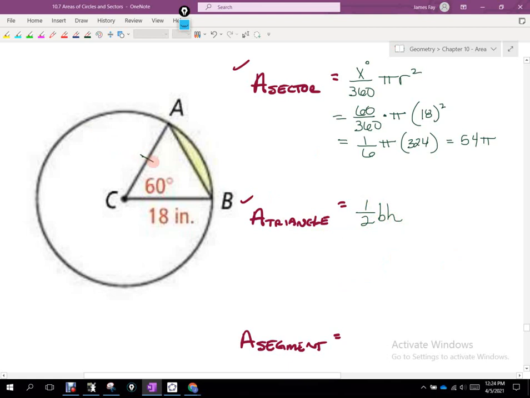Okay? That distance right there is the same as that distance right there, correct? It's the radius. So it's an isosceles triangle. I'm going to draw this down. That distance is going to be h. It's our altitude. Okay? But think about what we just created.